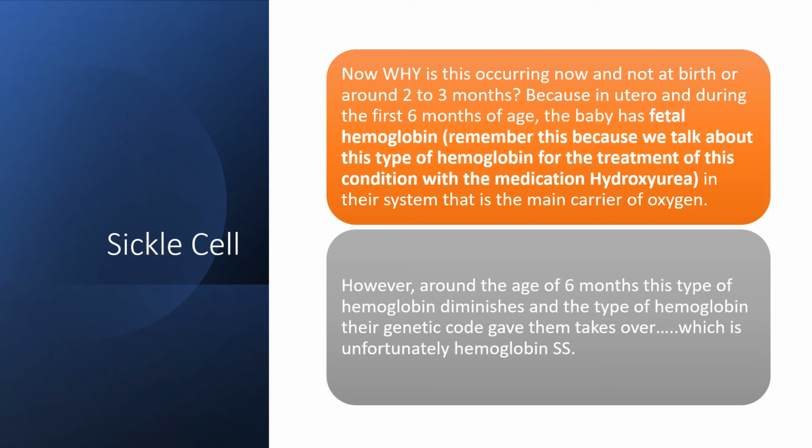In this system, that is the main carrier of oxygen. So the baby still has some of the fetal hemoglobin that's protecting them. That's leaving the body at this time, and hence the baby's now on its own circulation. However, around the age of 6 months, this type of hemoglobin diminishes, and the type of hemoglobin their genetic code gives them takes over, which unfortunately is that SS and the sickle trait.